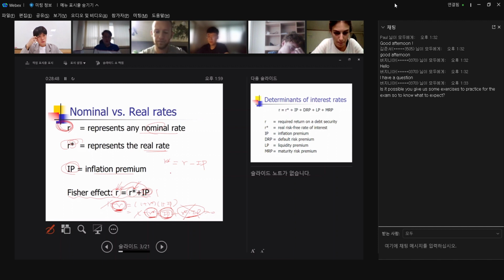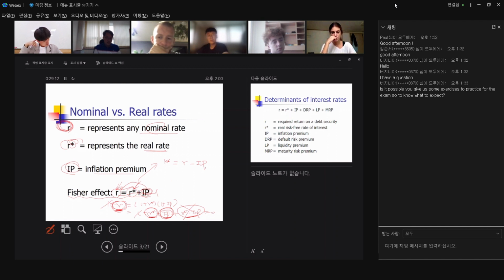Then if we express this equation like that, R star equals R minus IP. In other words, real interest rate is equal to the nominal interest rate minus inflation premium. This is the Fisher effect.